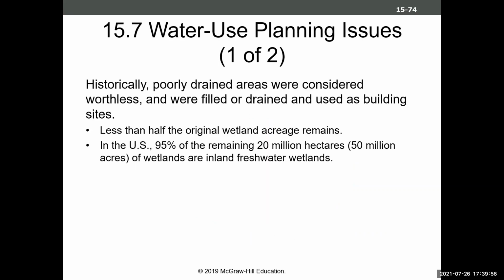For water use planning issues, historically poorly drained areas were considered worthless. They were filled or drained and then used as building sites. So what this means is that a lot of the wetland areas were drained or converted to different types of habitats or urban areas or ag areas.